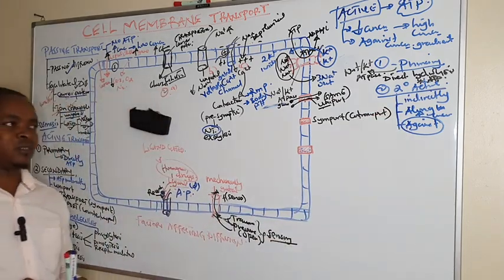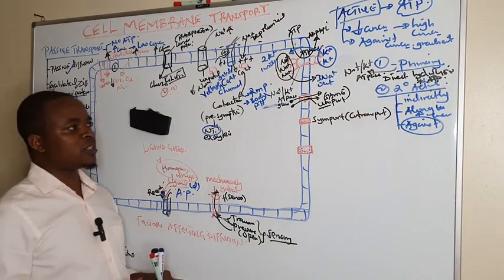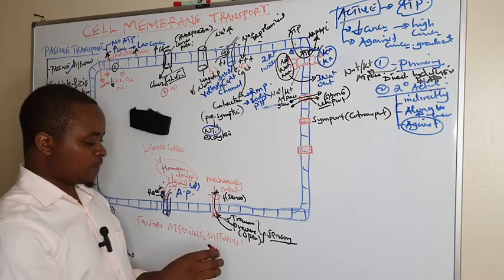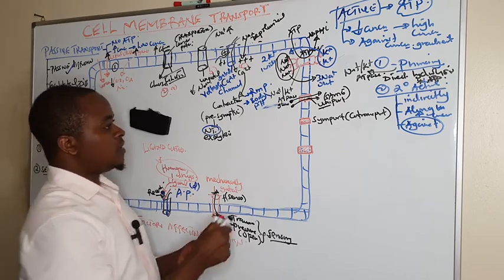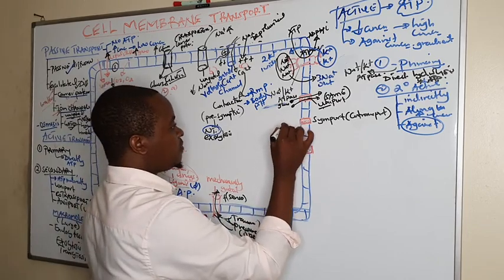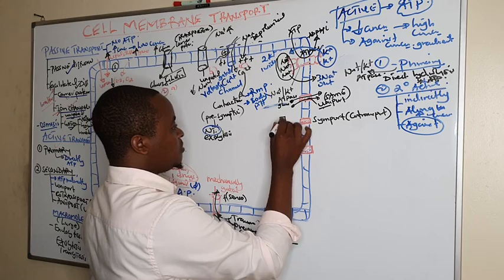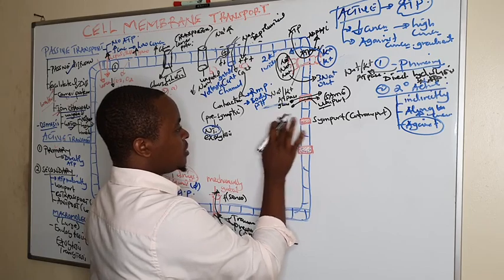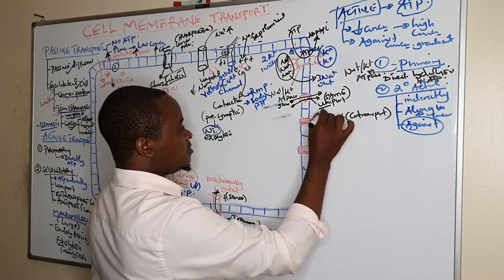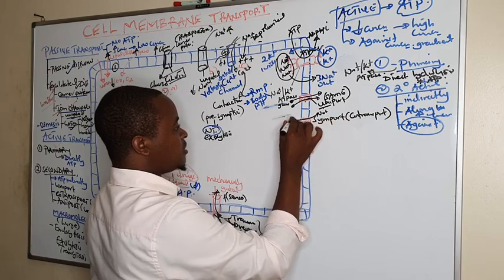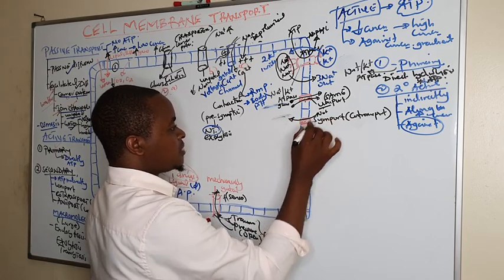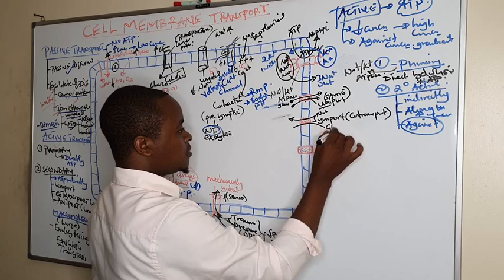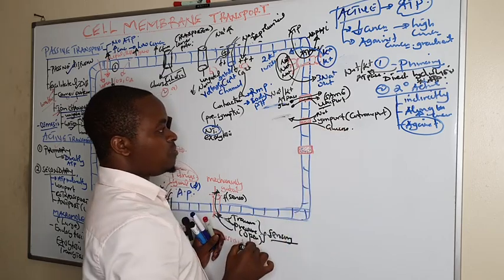Co-transport or symport is a form of secondary active transport, whereby if I have a substance like sodium being taken inside, another substance like glucose also says I will not remain behind.